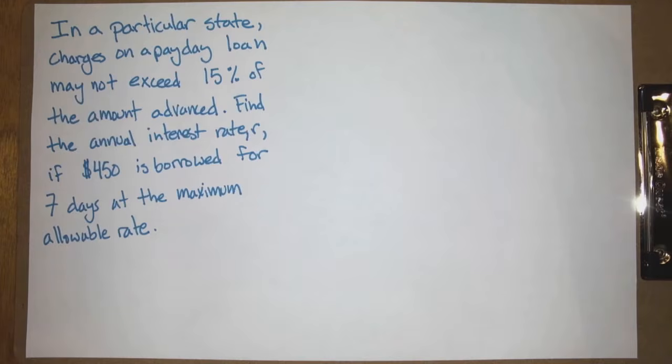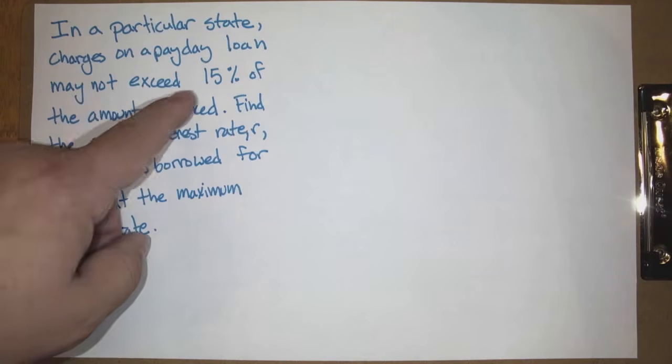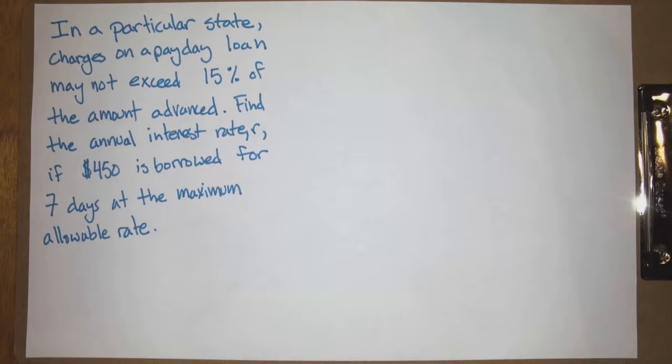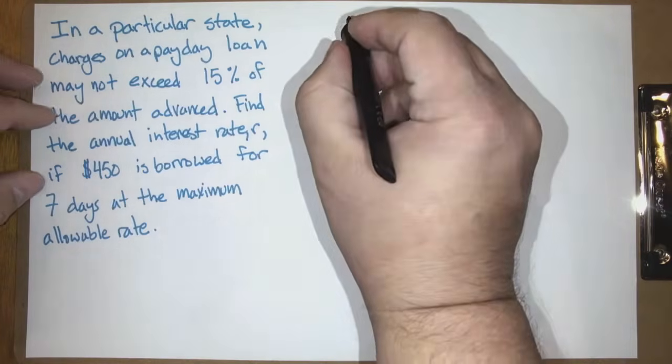So you see this rate of 15%, and you say, okay, what's the annual interest rate going to be? Well, you'd say, sounds like 15%, right? Okay, well, let's figure it out. So, what can we use? Well, we can use one of our formulas.